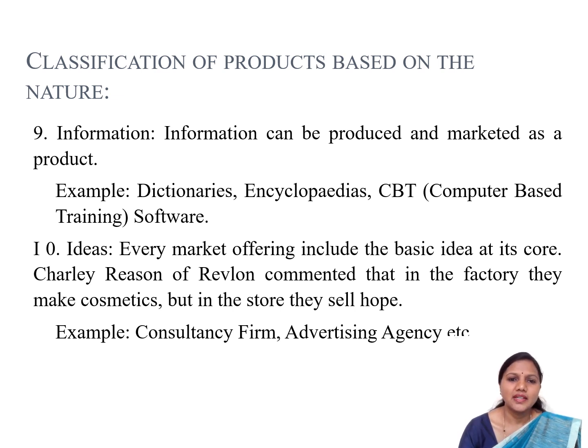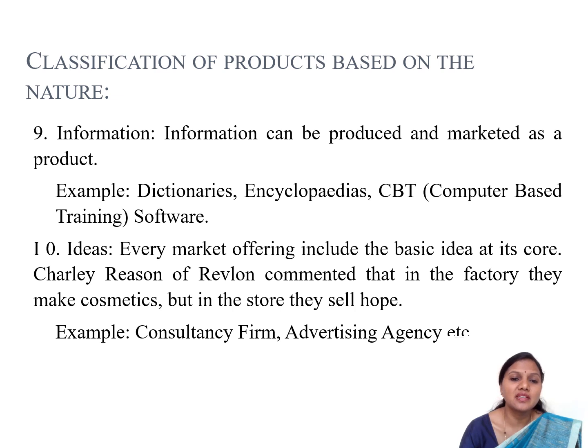information. Information can also be collected and produced. The data can be collected through primary or secondary sources, and it can be marketed as a product. For example, dictionaries, encyclopedias, and computer-based software.